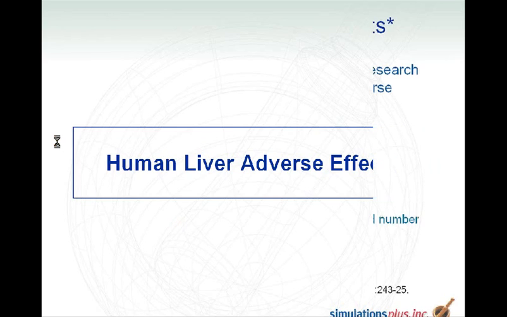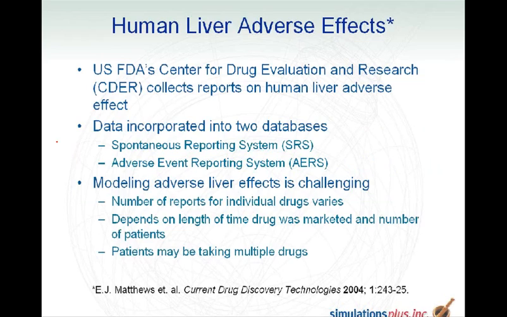Okay, so discussing the human liver adverse effects in a little bit more detail. The U.S. Food and Drug Administration Center for Drug Evaluation and Research has been collecting reports on human liver adverse effects since 1968. The results are stored in two databases, the spontaneous reporting system and the adverse events reporting system.